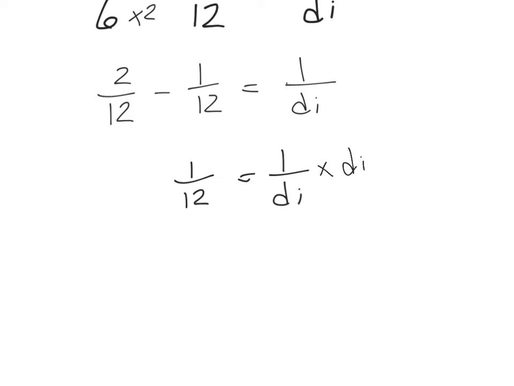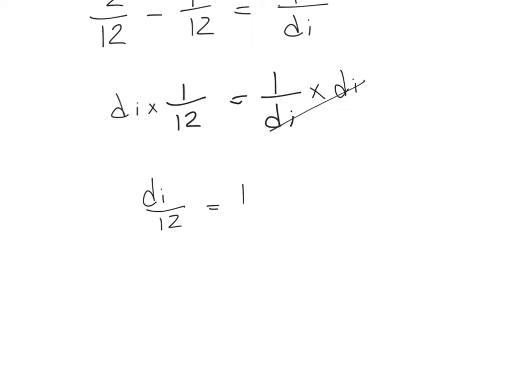That's going to get it over there, and that will cancel it out. What I do on one side, I have to do on the other side, so di times that. And so what we're left with is di/12 is equal to 1, because di times 1 is just going to be di.